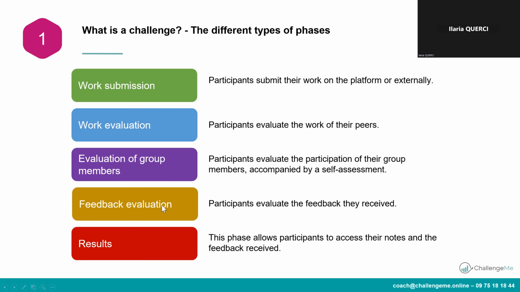We have a feedback evaluation phase allowing the participant to indicate if the feedback received has been qualitative or useful, and a result phase allowing the participant to access their results, so the feedback and the score they received.